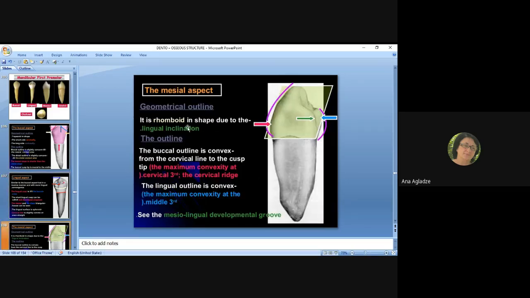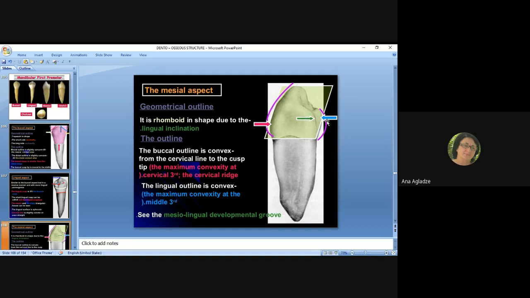And here, this is the mesial aspect, and you can see the mesial convexity at the cervical third, and the maximum convexity at the middle third. This is the cervical third, middle third, and upper incisal third.